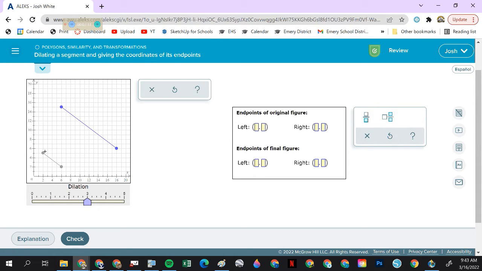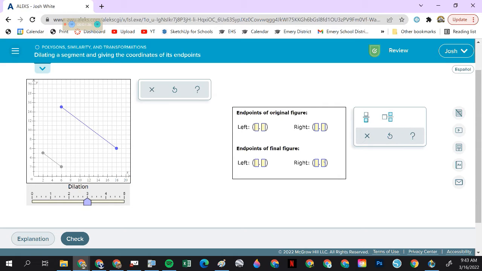If I make it 3 times bigger, 2, 5 is going to turn into 6, 15. The right side point is 6, 2, so 6, 2 times 3 is 18, 6.